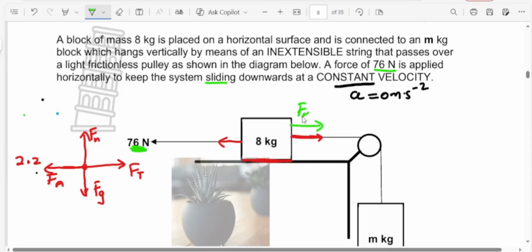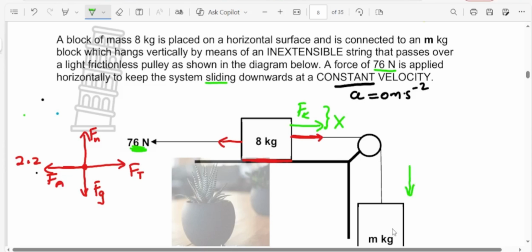So if you say this is your Fk, this is wrong. Listen, this statement is very important. A force of 76 Newton is applied horizontally to keep the system sliding downward. So when we say downward, which force is going down? This one.